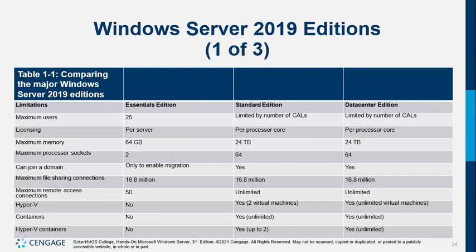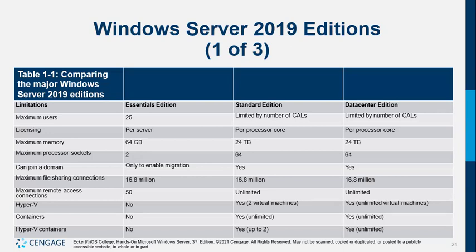That moves us into the different editions of Server 2019. With that, you have a number of features that change with each of these editions. So you have Essentials, which is just as the name implies, the essentials that you need for the server.